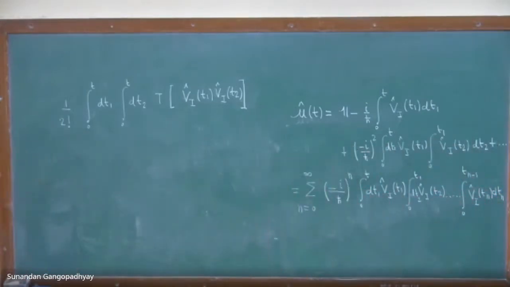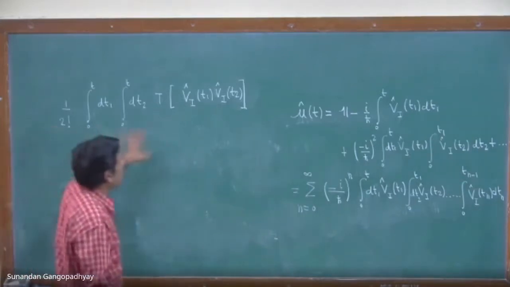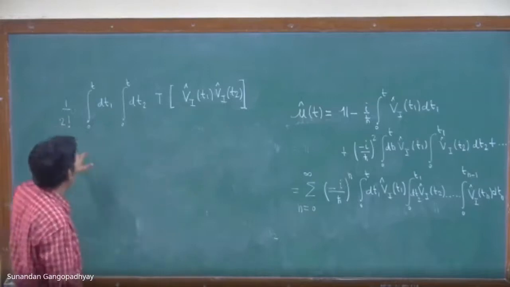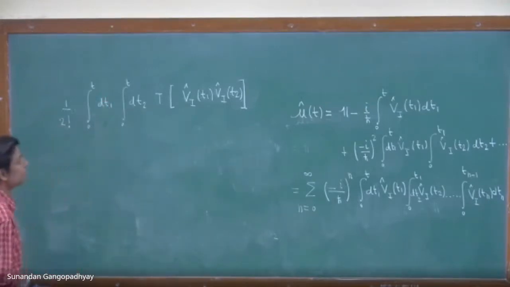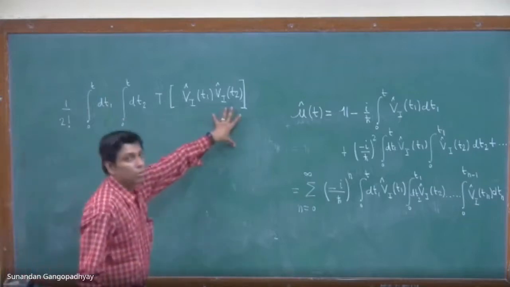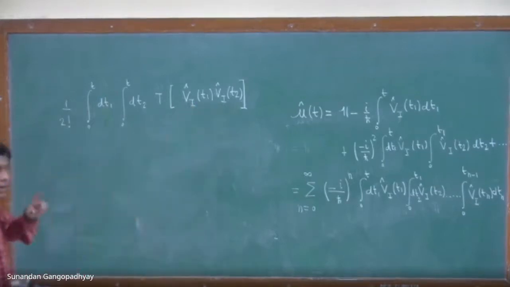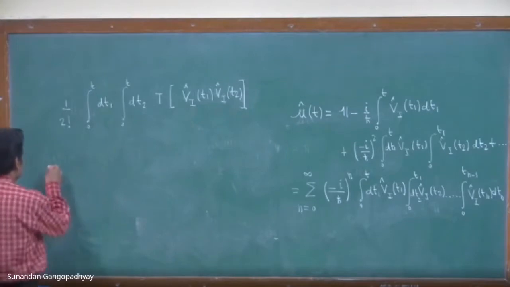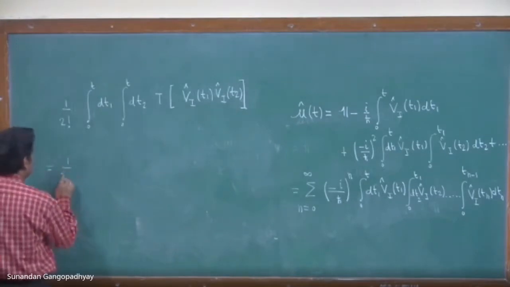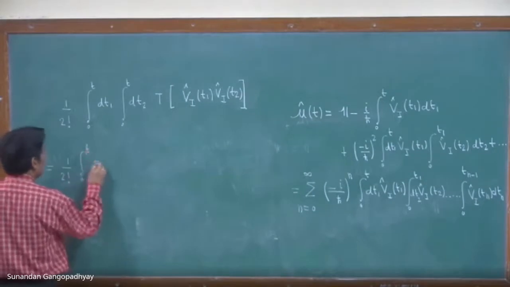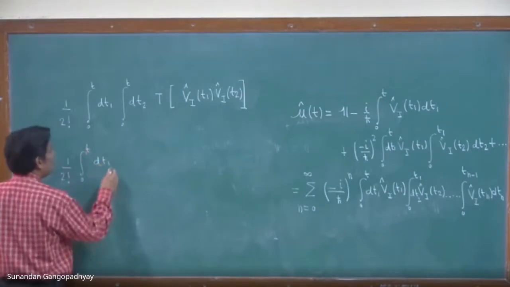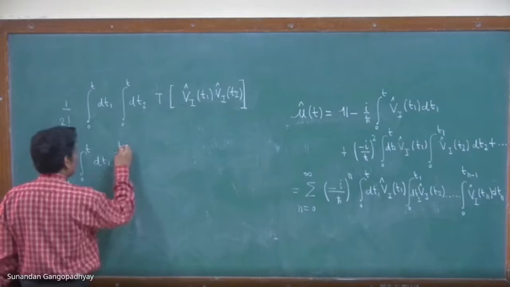Okay. So now let us consider this particular quantity, where you now see that all the integrals run from 0 to t. And this is a time ordering of the product of two operators defined at two different times. Now you can write this down as 1 by 2 factorial, integral 0 to t dt1, integral 0 to t dt2.